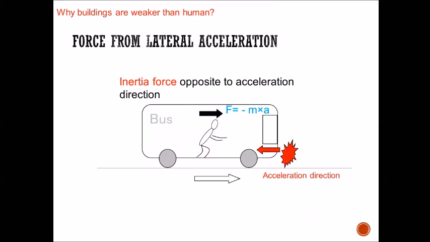When all of a sudden the brakes are applied, we are taken towards the front side. So a thrust is applied to us because of this inertia. That is basically this mass into acceleration. Acceleration here is the retardation, and our weight, our mass, becomes the mass for that, and that becomes the force.